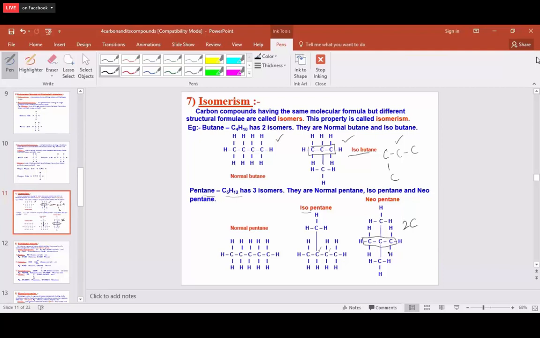We should not place them in the first or the last carbon atom. So we are placing them in the second carbon. This is the second carbon. We place one carbon atom here and the other carbon atom down here. And we place the hydrogen atoms according to their carbon valencies. So it also has the formula C5H12. The name of this compound is neopentane.